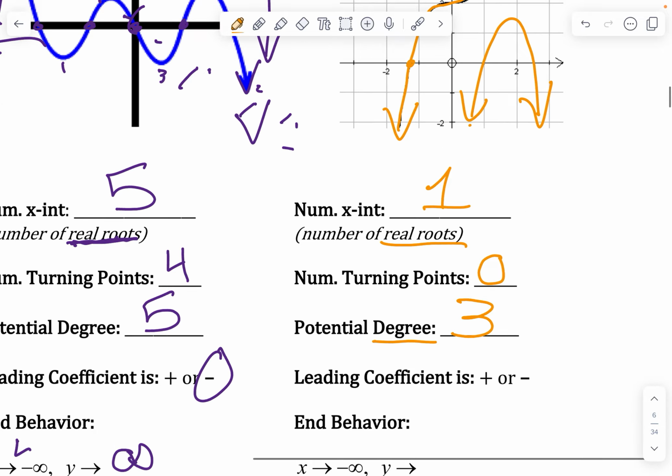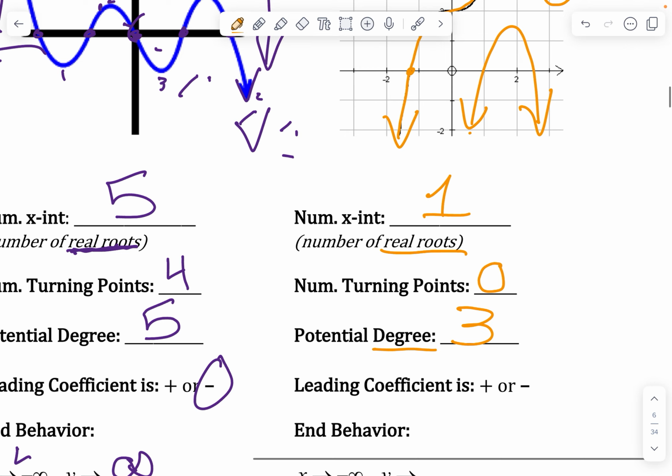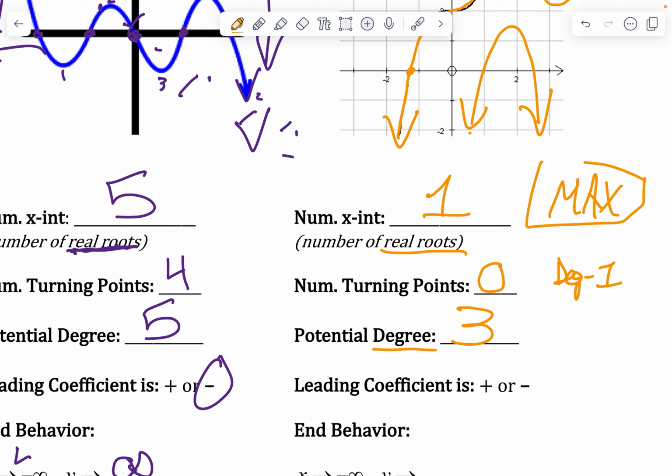This picture is a cubic picture. Now this just means that, remember, turning points, that degree minus 1 is for the max number of turning points. So be careful with that. It doesn't always match up as degree minus 1. It's just, hey, what's the maximum you can have? There are cubic functions that do have 2 turning points like that, 1, 2.